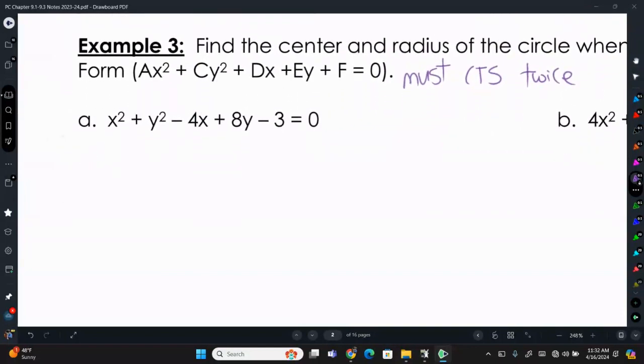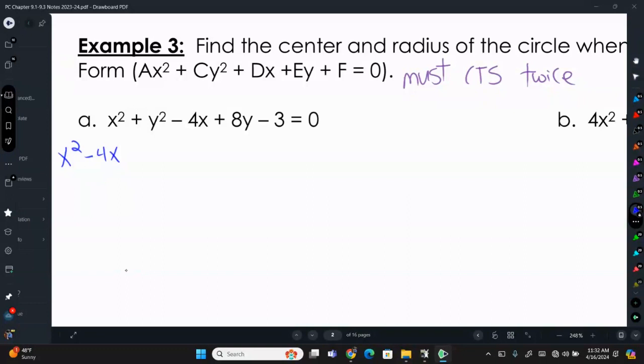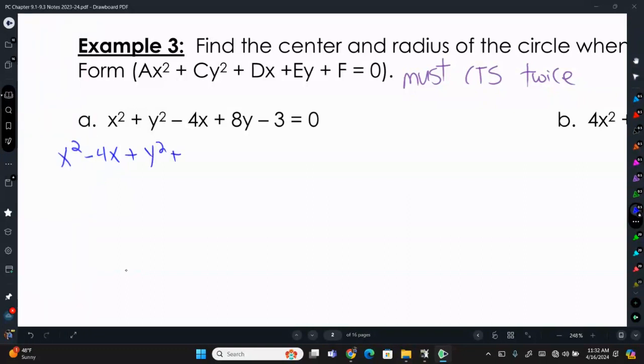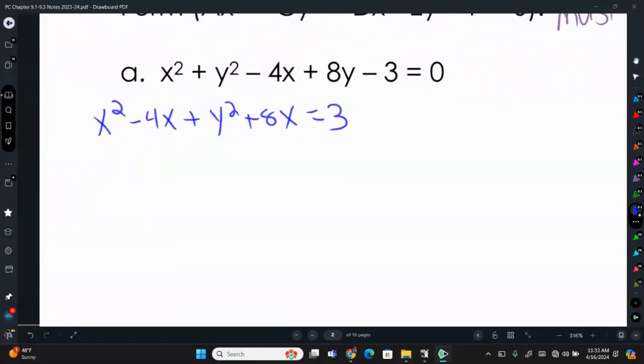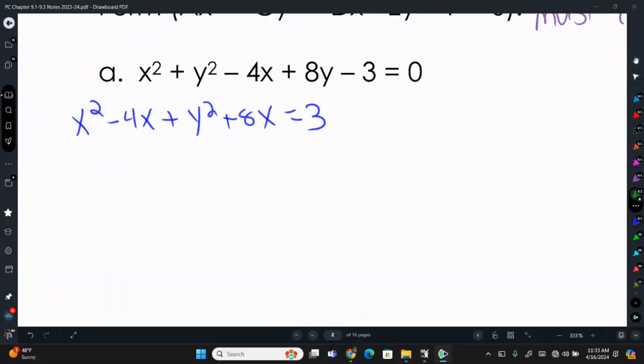And I know you did this in Algebra 2 with trig last year. So I'm going to add 3 to both sides and rearrange things to get the x's together and the y's together. So x squared minus 4x plus y squared plus 8y equals 3. So I rearranged the left side to get the x's and y's together, and then I added 3 to get the constant by itself.